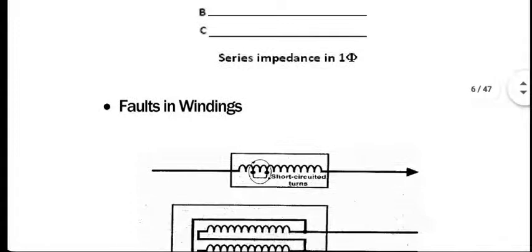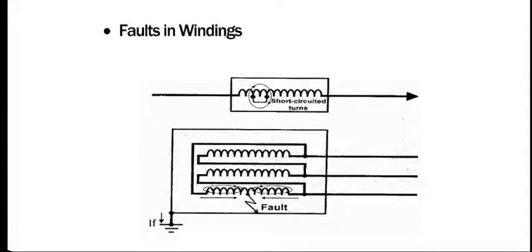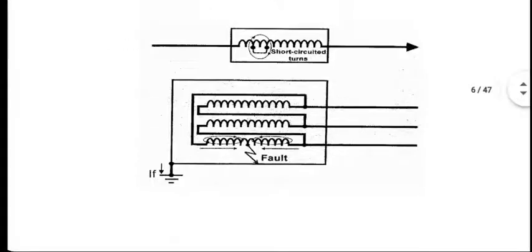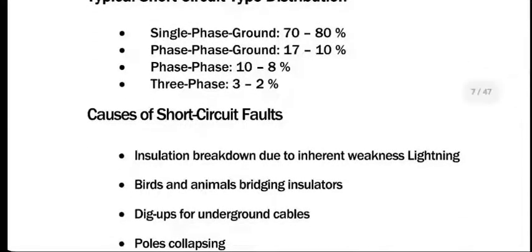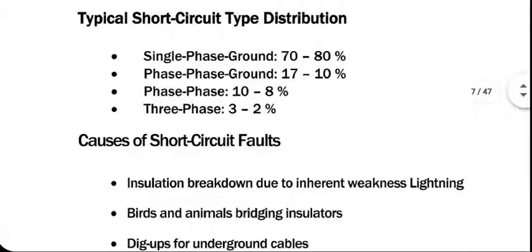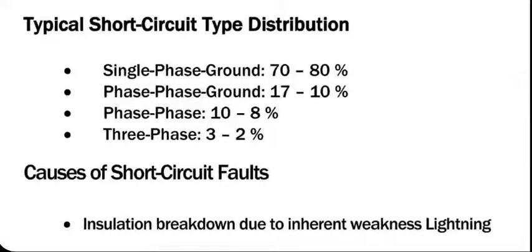This is all done in a previous lecture as well. This is the statistical information about which kind of fault occurs in approximately what percentage in real life. This is real life experience captured in percentage.